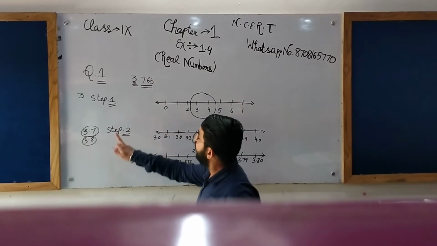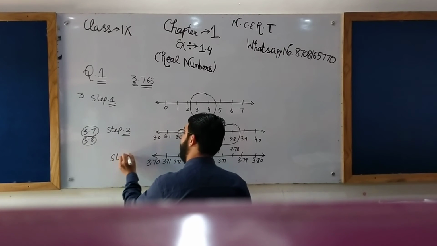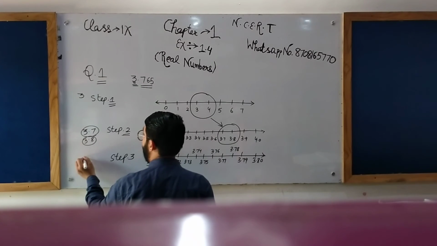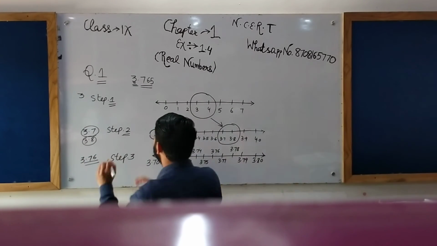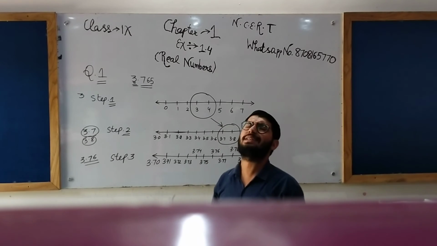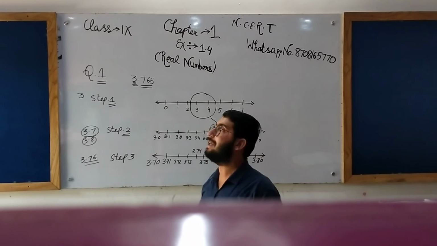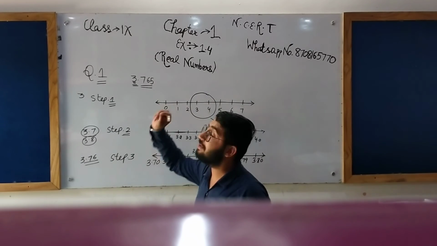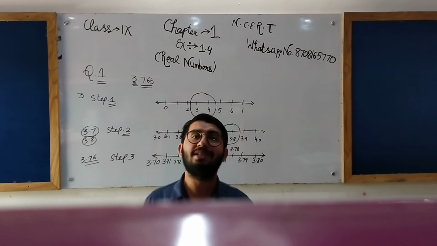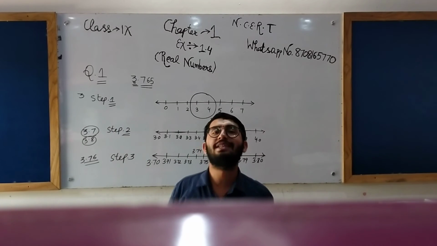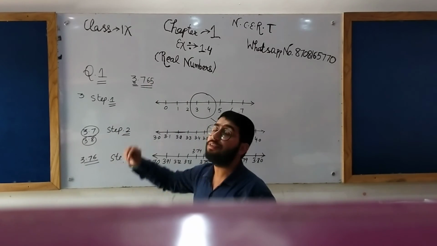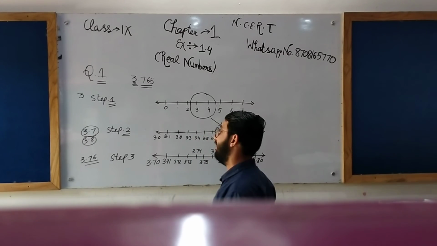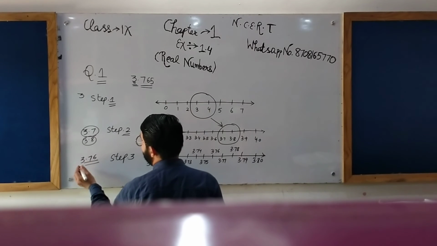Now this is step 3, so what will I do? I will take 3 digits: 3.76. But this number is not exactly 3.76. It is more than 3.76 because of the presence of this 5. So this number is greater than 3.76 but less than 3.77, because the number after 376 is 377.